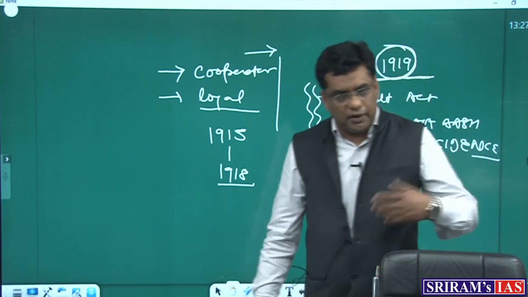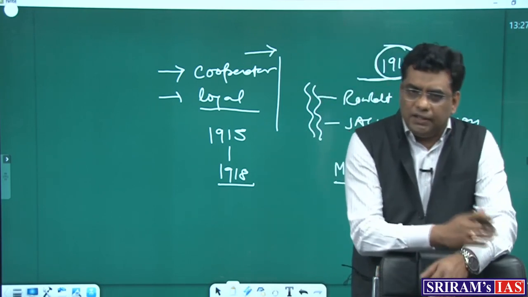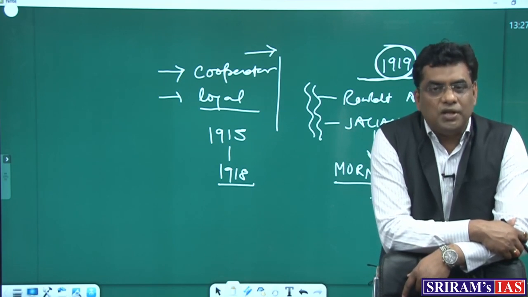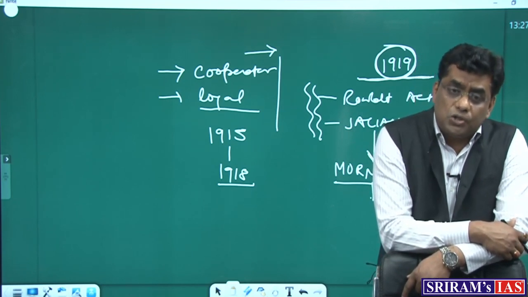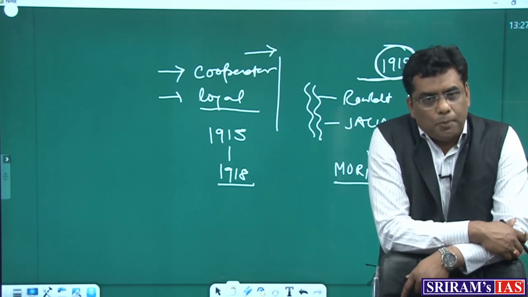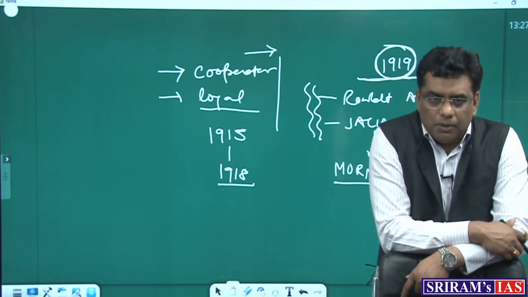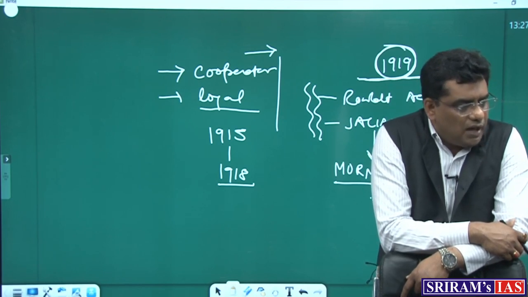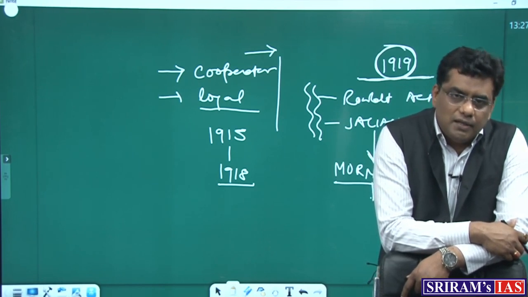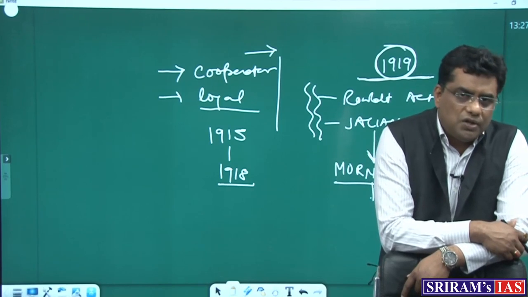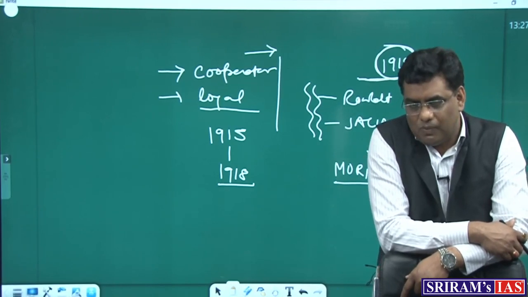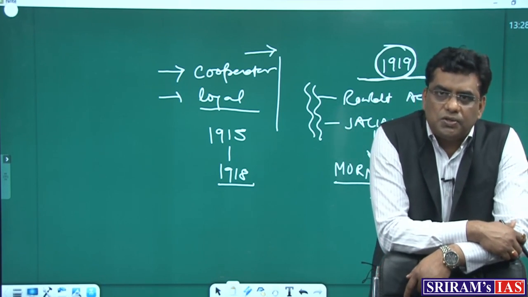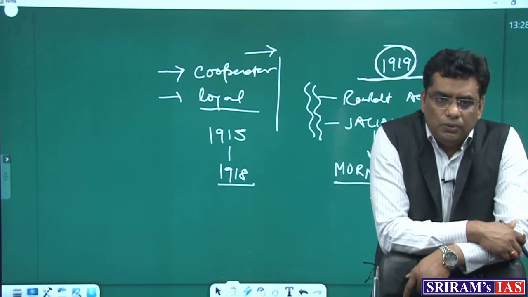After the report of the Hunter Committee, Gandhi said that it is not that the British government in India is bad, but the whole British system is bad. And cooperation in any form with this satanic government is sin. So that is the reason why I said that 1919 was a turning year in the history of Gandhi's relation with the British. And the approach of the British had changed significantly.